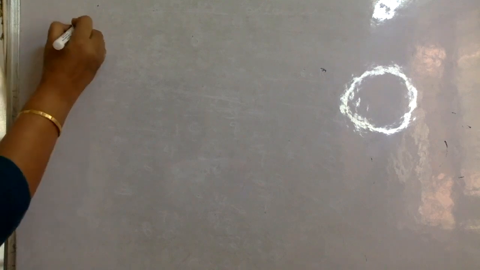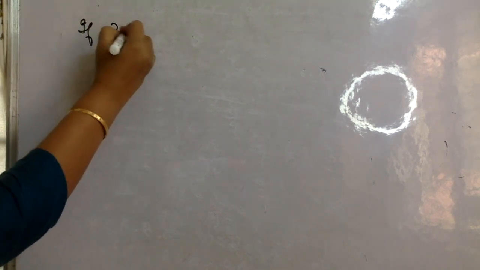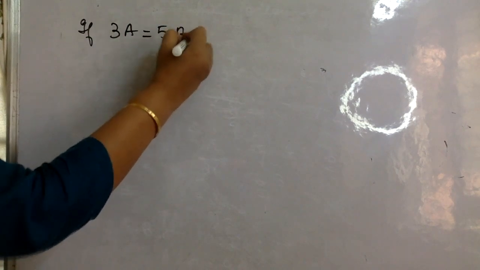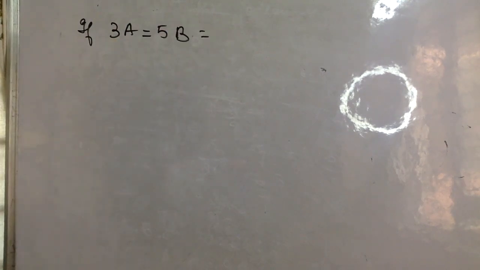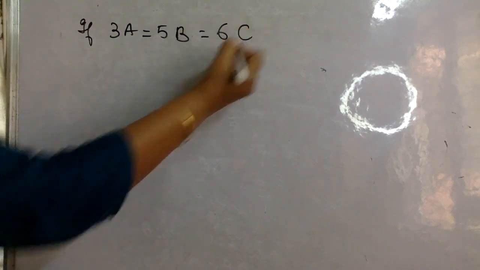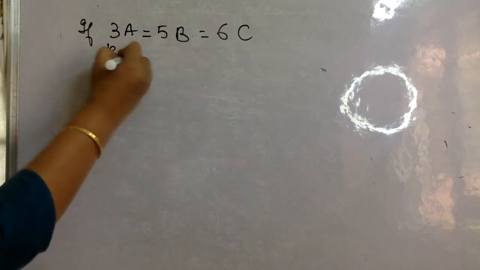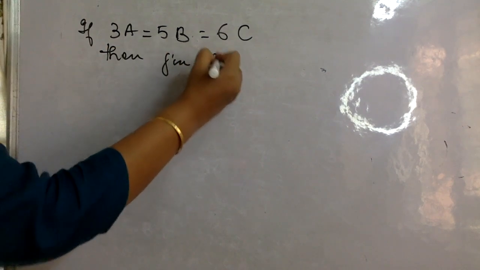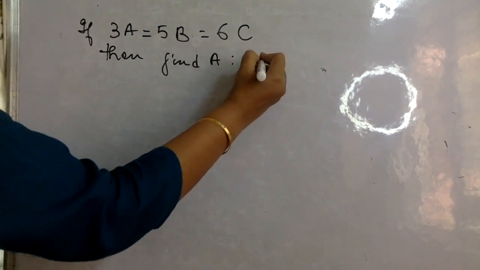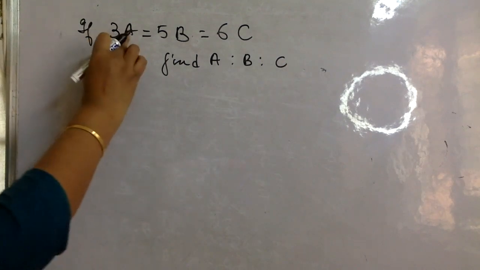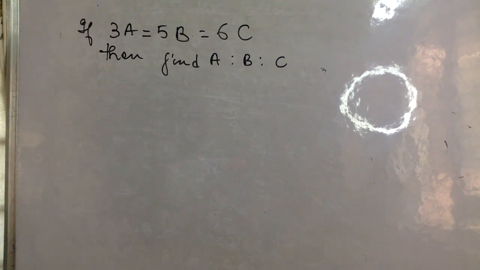Now here is one very interesting question. If 3A is equal to 5B is equal to 6C, this is also a ratio question, then find A is to B is to C. So they want the ratio between A, B and C. Now how to tackle this?